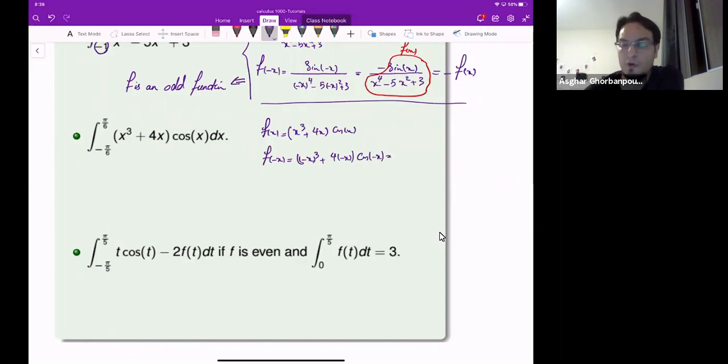Minus x cubed is negative x cubed itself. Negative 1 to the power 3 is negative 1, minus 4x, and cosine of minus any theta is cosine theta. In other words, cosine is an even function itself. So this will give me just cosine of x. Factor out a negative sign here.